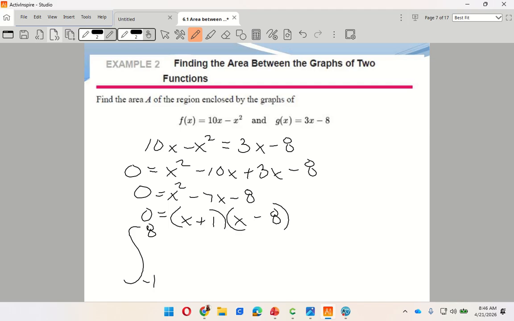I love 0 because 0 is one of those numbers that cancels out and gives me a lot easier math. Plug in 0 to this one here, I get... Which one is greater, 0 or -8? 0, so that means that this is top. That's all I had to do. I just had to check one of those numbers to tell me which is going to be top and bottom.